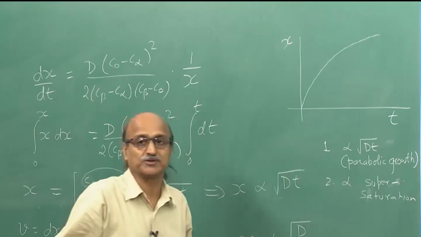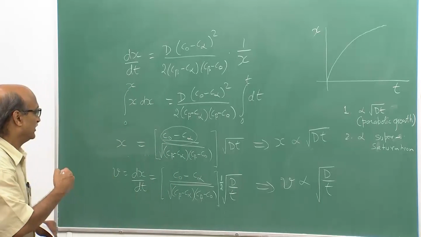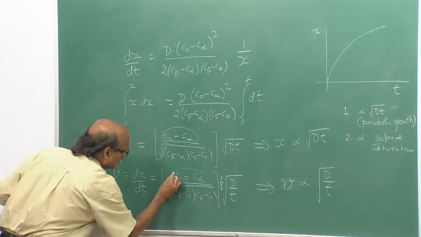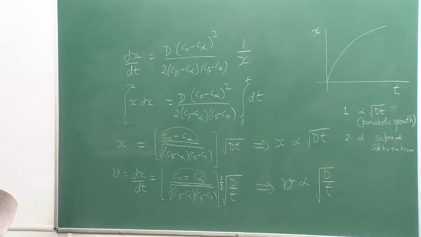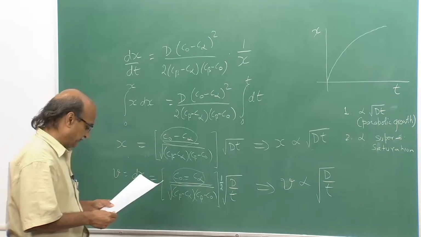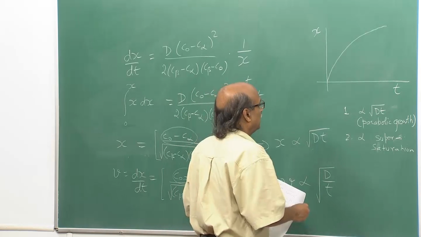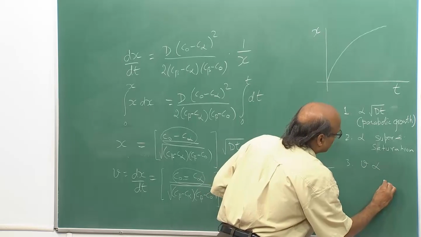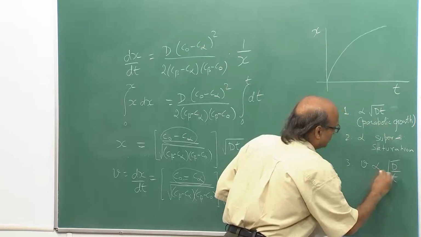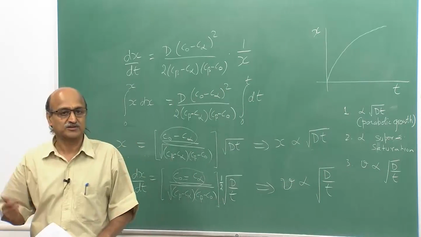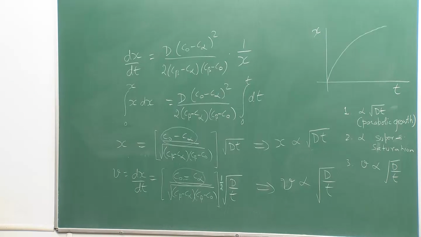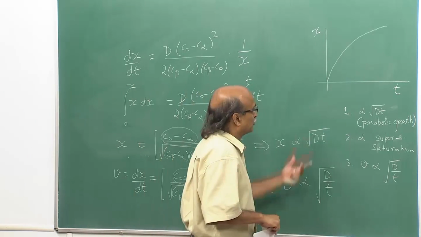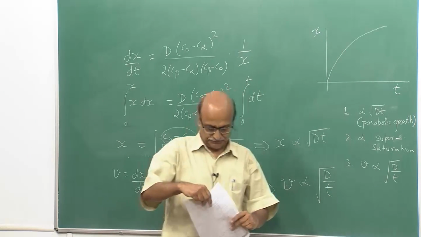So, higher the supersaturation, higher is the rate of growth. As you can see in the velocity also, it is C naught minus C alpha, which is the supersaturation. And third, which I have already mentioned, velocity is proportional to square root of D by t, which means velocity reduces as time increases.